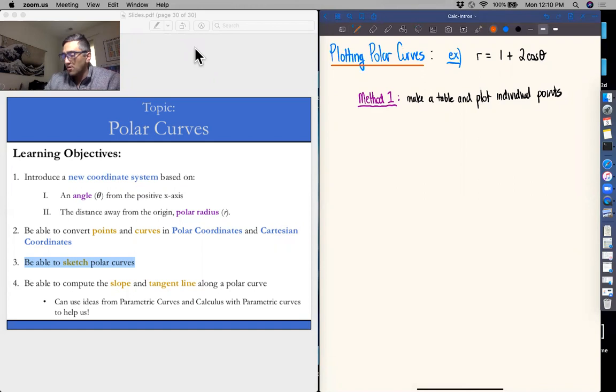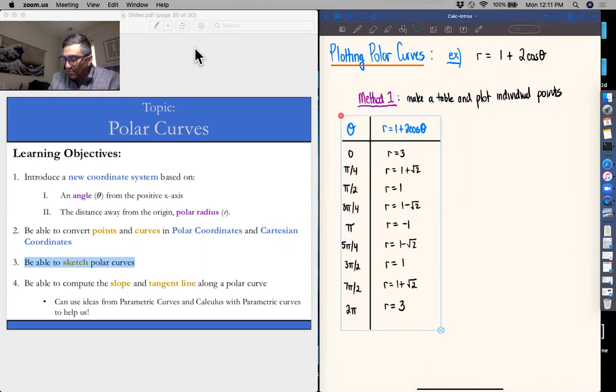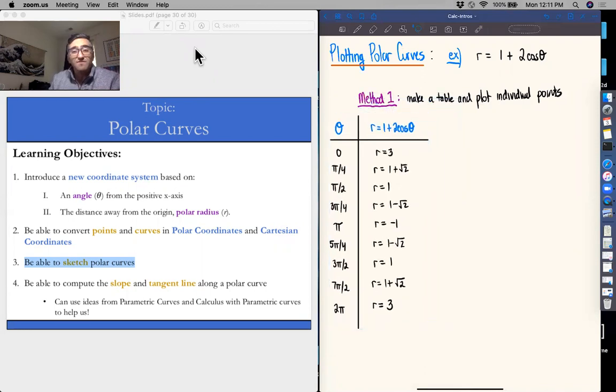The first method we're going to use is basically making a table of values, or coordinates (r, theta), and then plotting those points one at a time. So let's dive into that really fast. I'm going to do a lot of the legwork here. If we make a table of points, we're choosing a bunch of different theta values, and for each of those theta values, we'll find the corresponding polar radius.